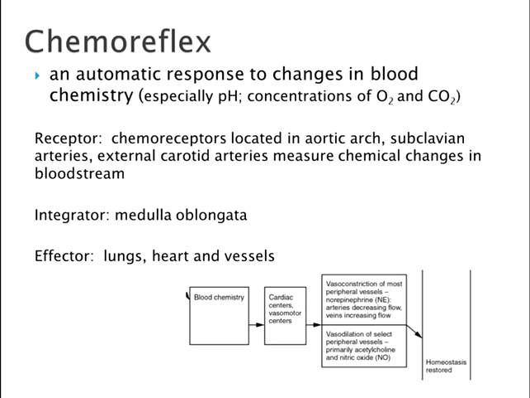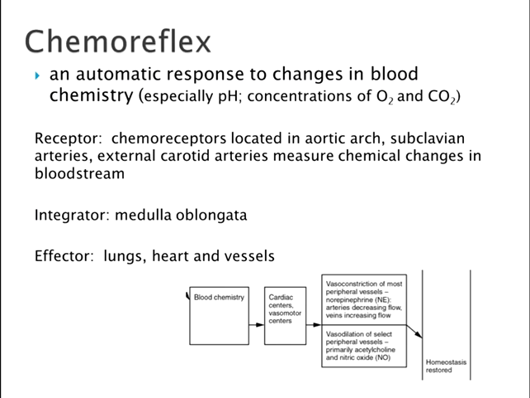Now, you actually have two types of chemoreceptors. You have peripheral chemoreceptors, which is what are listed here: the carotid arteries, subclavian, aortic arch. And then you have central chemoreceptors. The central chemoreceptors are actually located along the medulla oblongata and the brain stem, and they are primarily detecting CO2. So your central chemoreceptors are going to be monitoring CO2.